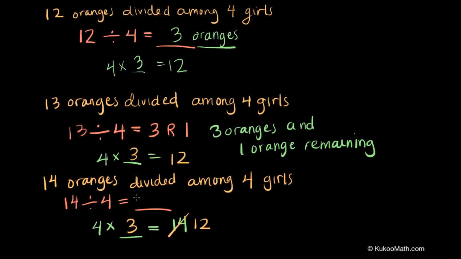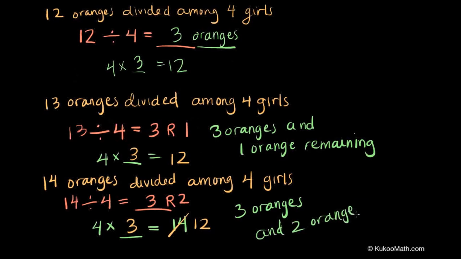So our answer is going to be 3 remainder 2 oranges. So your answer in written form is going to be 3 oranges per girl and 2 oranges remaining.